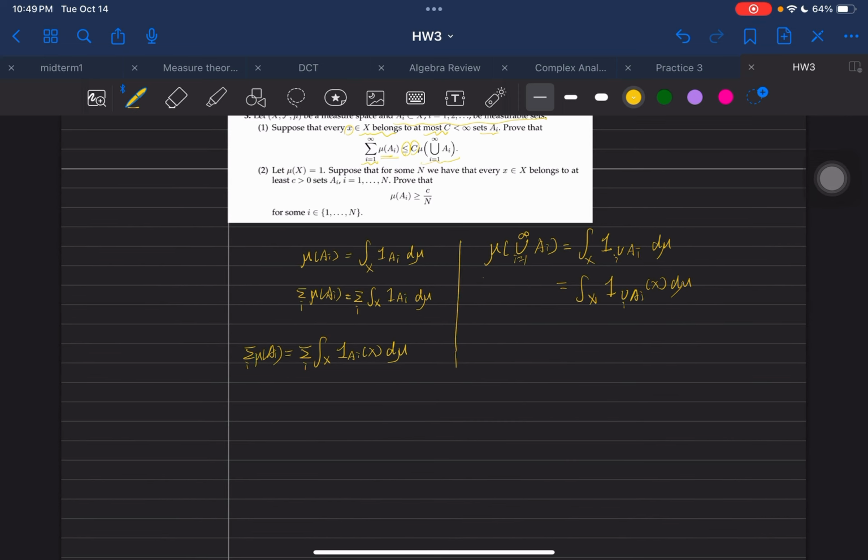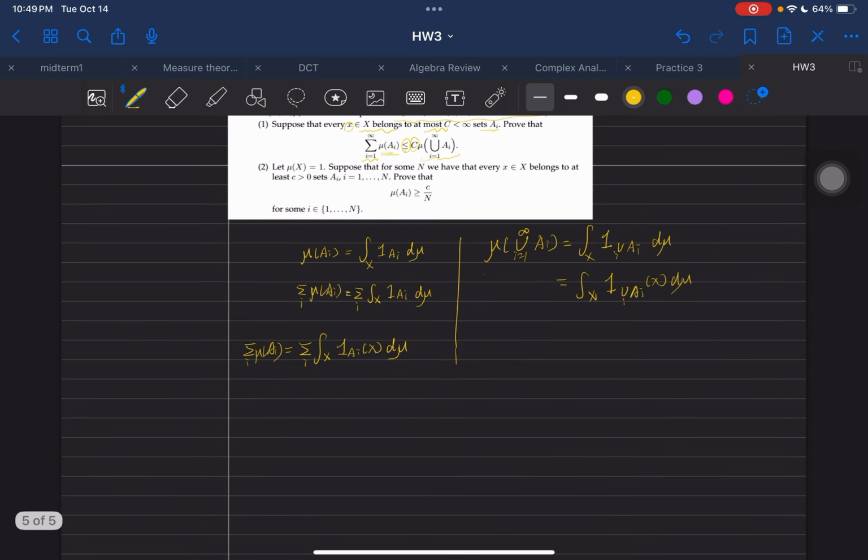So we can argue pointwise. As the first part, we show that for a fixed x, the summation of the indicator functions of AI at x is no bigger than C, right?